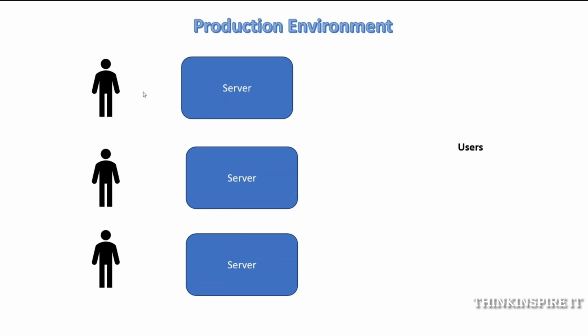So in the production environment customers use the product directly and give feedback, and we take that feedback as a requirement and work on it again. We will run another cycle of development.